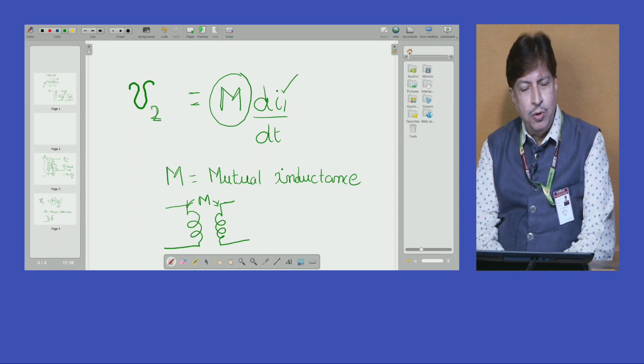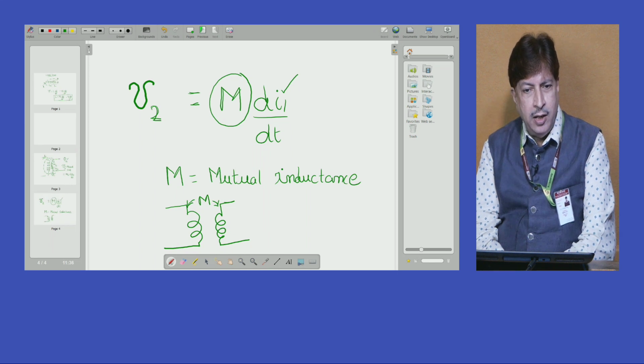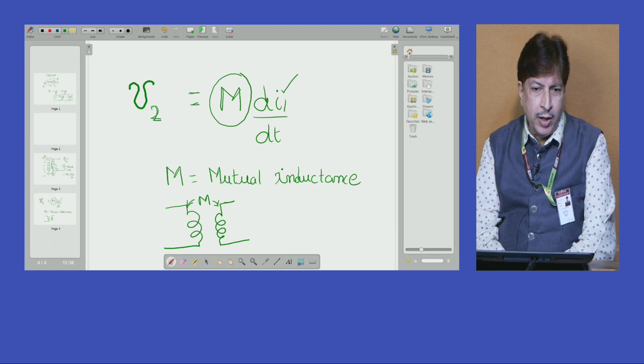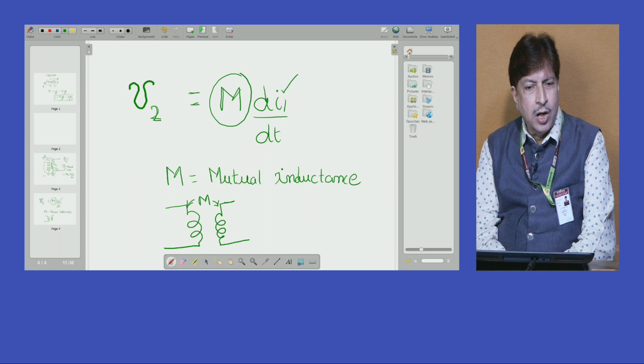Whenever we show M between the two coils, it implies that there will always be mutual EMF in the other coil whenever current in one of the coils is changed. This is the mutual inductance with which the coupled circuit is able to induce EMF in the other coil.